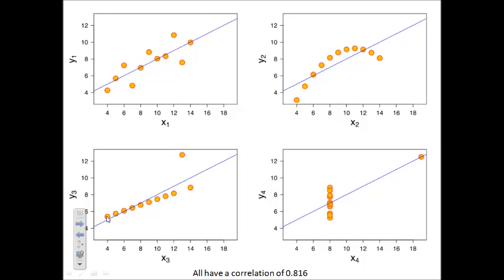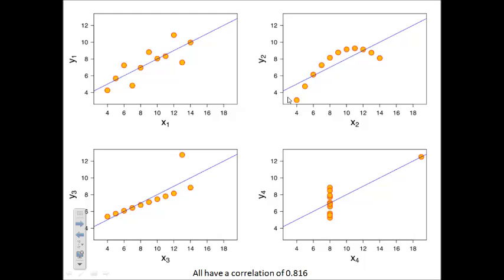This would probably be almost a perfect correlation of like 1, or even like a 0.99, but because of this, it drops all the way down to 0.816. So outliers are bad. If we can, we eliminate them, and they make our models better.